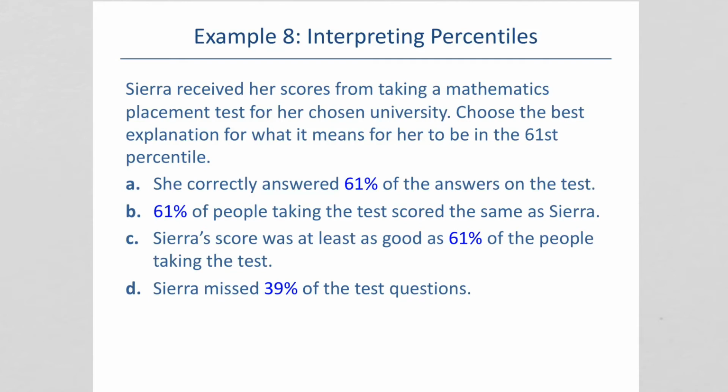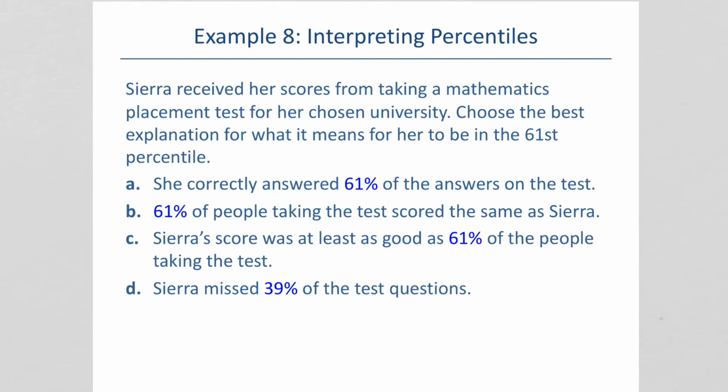That means that you did better than 61% of your peers. It doesn't mean that you scored 61%, that you got 61% of the questions right. Okay? It means that Sierra scored better than 61% of her peers.